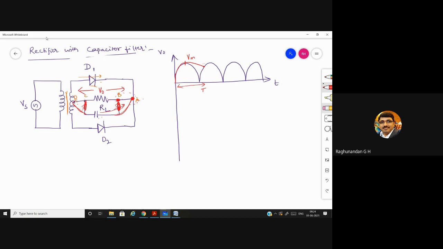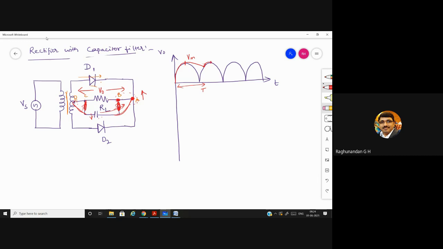What is that? The next cycle has come. When the next cycle comes, what will happen to the old potential difference? Potential across A once again increases, sir. Yes, potential across A is again at higher potential and the capacitor will be at lower potential. Now again the capacitor starts charging to the peak value.